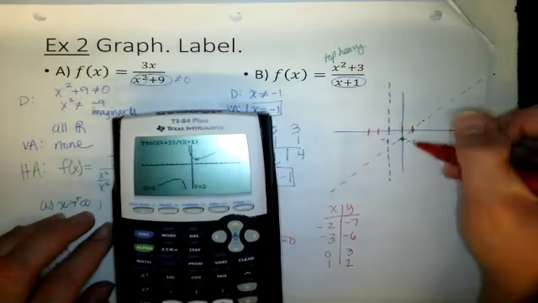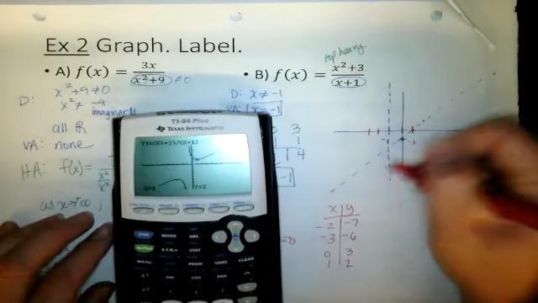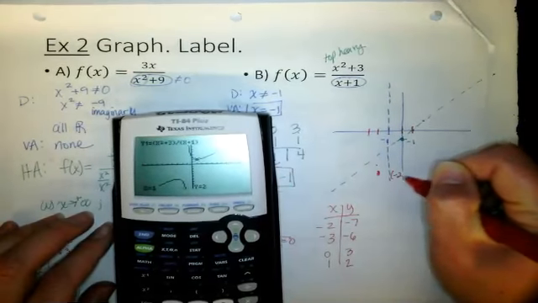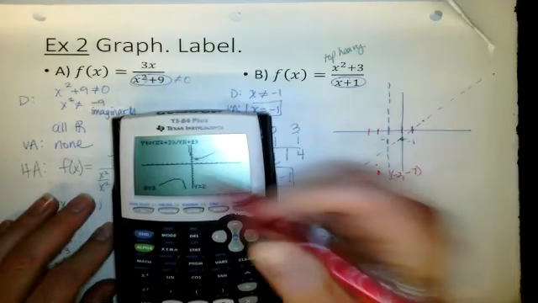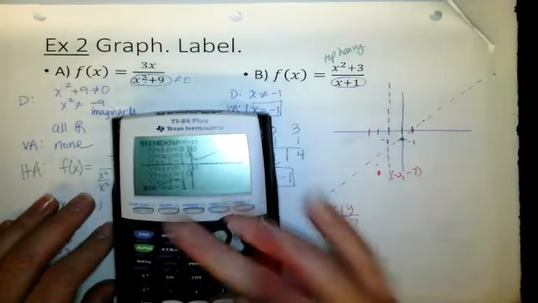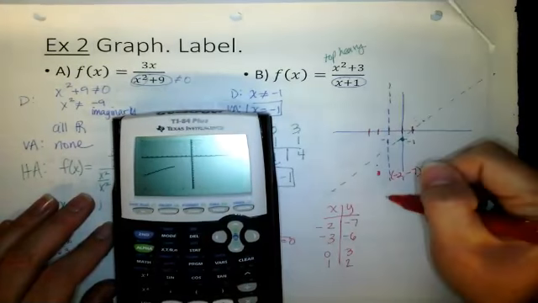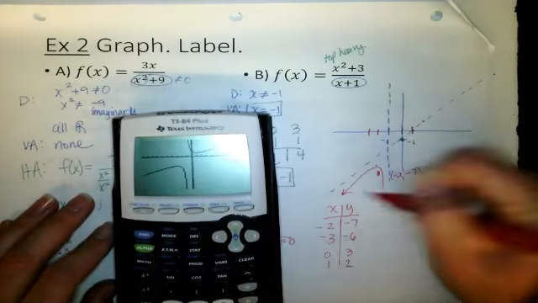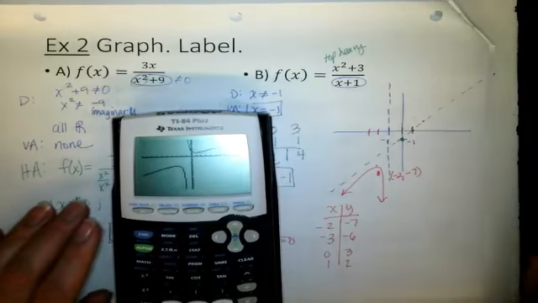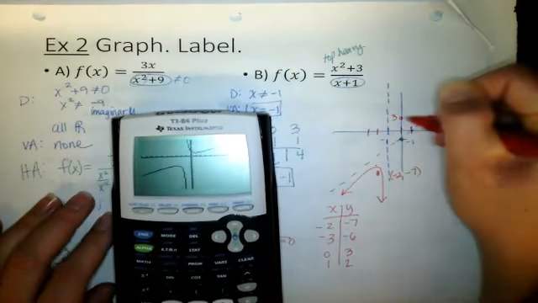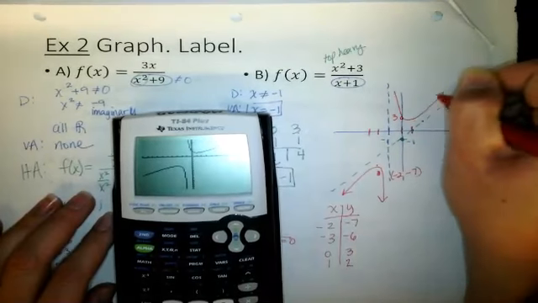Those are nice numbers. -2, -7. Might label that one. You can see we get this weird shape. I can change my window. You can see what that looks like a little better. And then 0, 3 is another value.